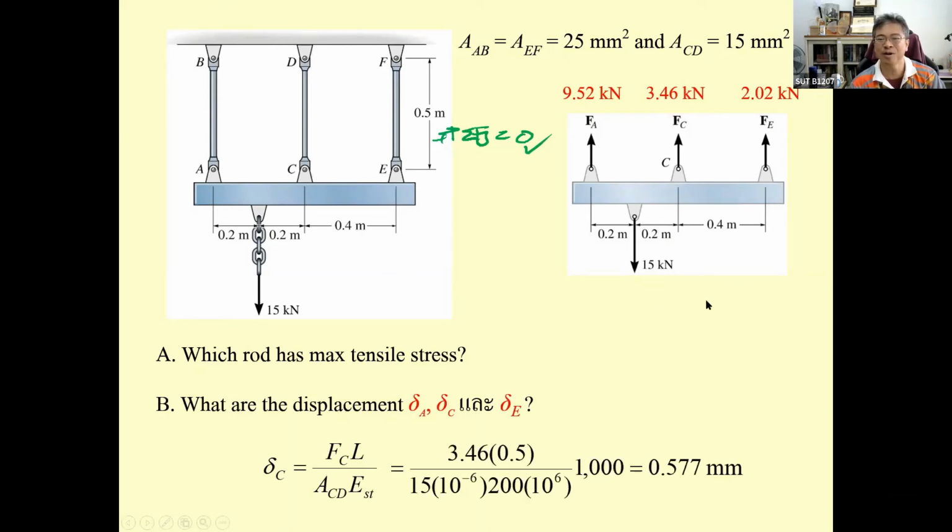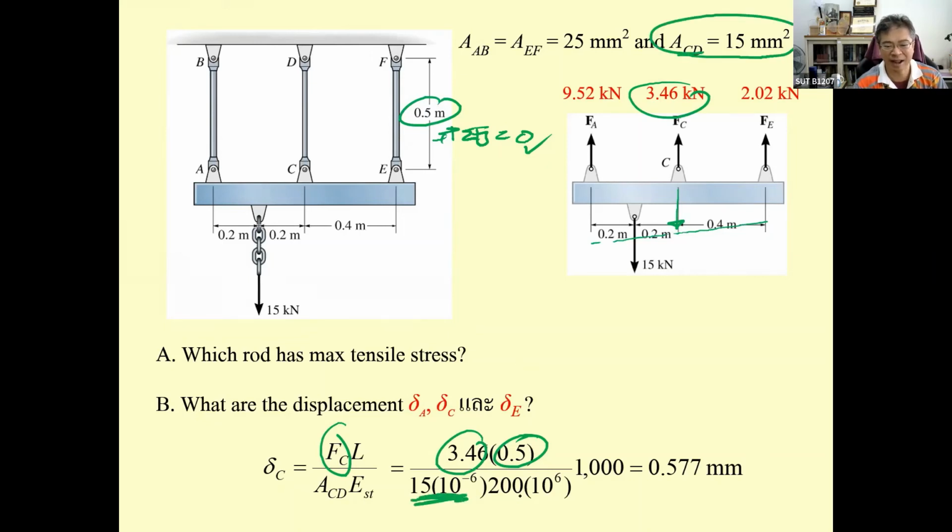For example, if you prefer to determine delta sub C, this one is going to be F sub C times the length 0.5, and then the area A sub C over here, and this is E of the steel. You get 0.577.